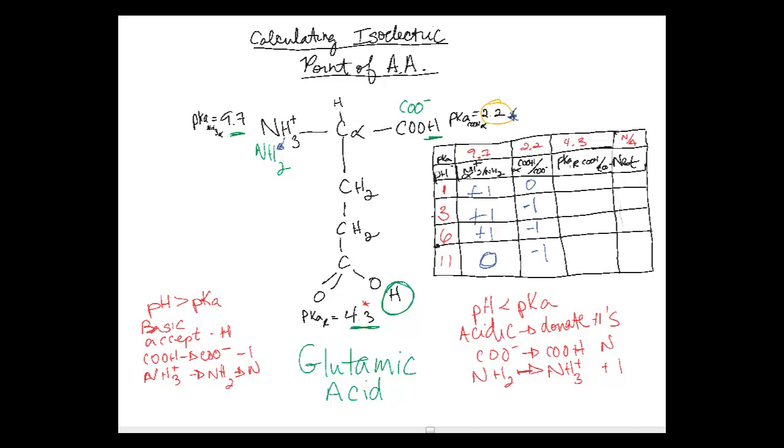Then I go on to the pKa of the R group. The R group has a pKa of 4.3, so basically it shall remain in its protonated form of neutral until I surpass 4.3, and then, oops, no, I did that backwards, didn't I?